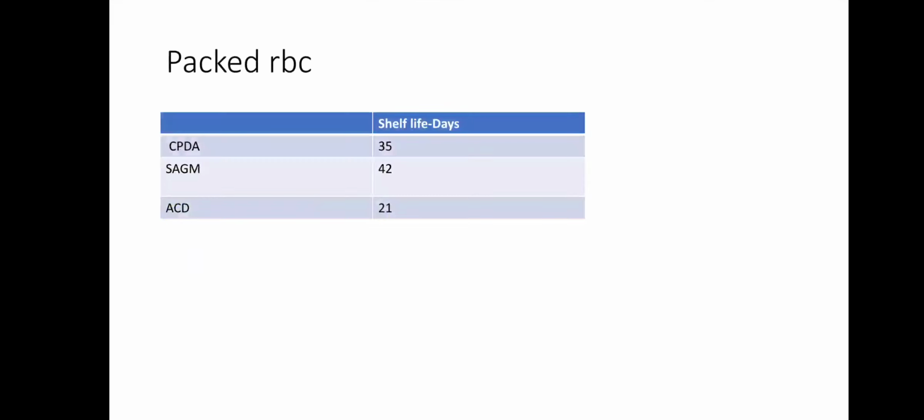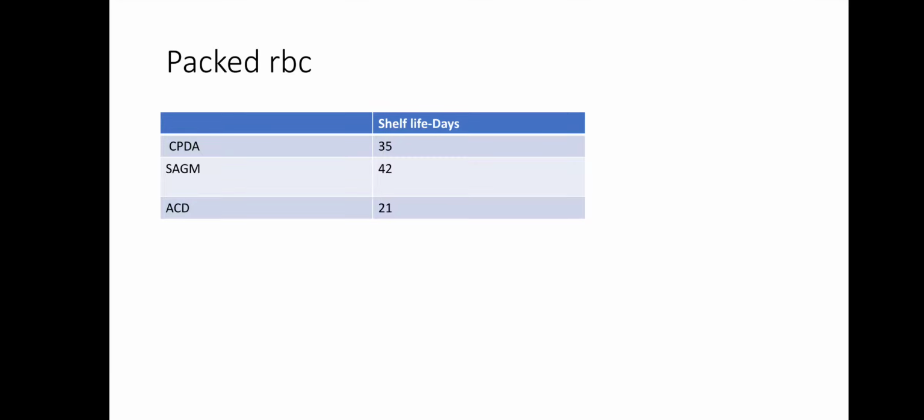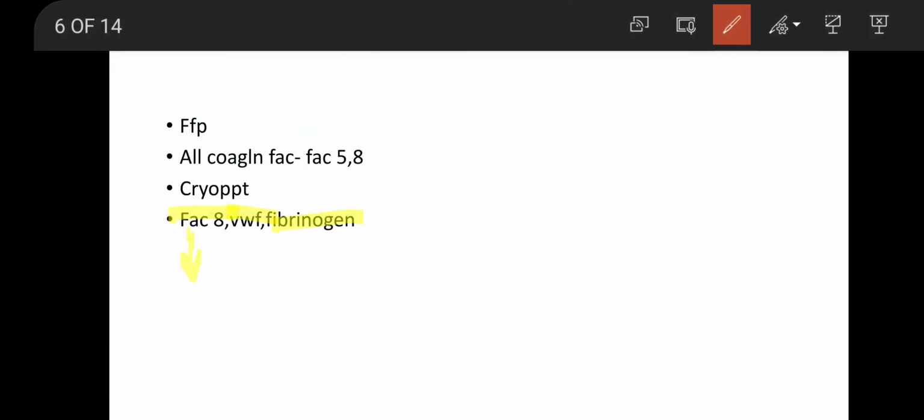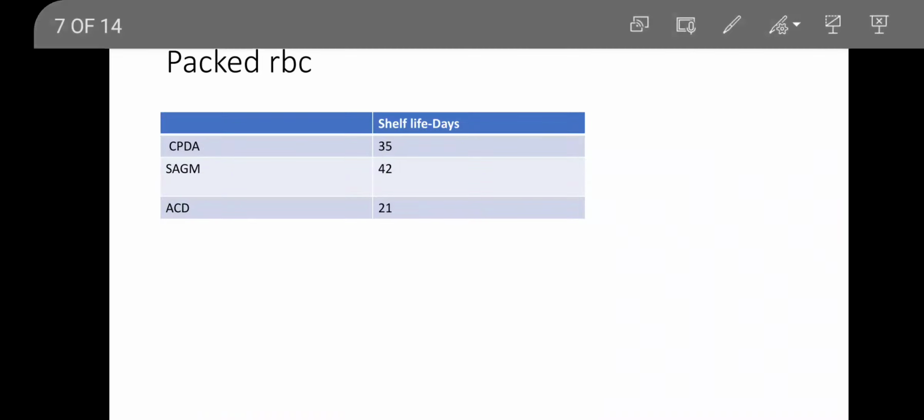Easy to remember. So we have got an idea about cryoprecipitate and fresh frozen plasma. We give fresh frozen plasma when there is a clotting factor deficiency, like hemophilia B. So next is packed RBC.